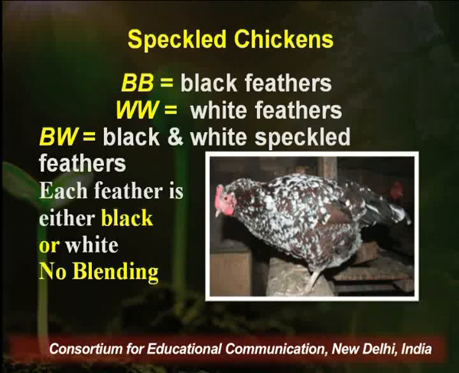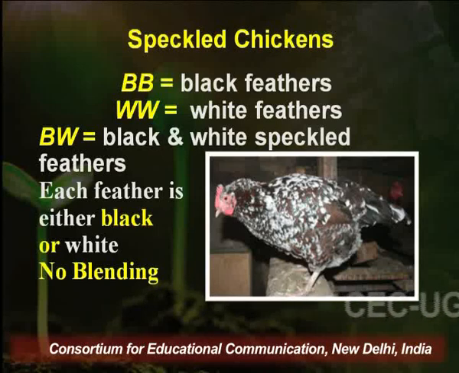This is a common household example that we see even around us, the speckled chickens. Some of these poultry have absolutely black feathers, the others have white. But a combination of the two is also a good example of codominance.